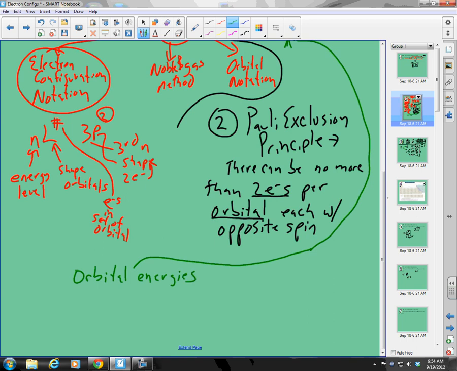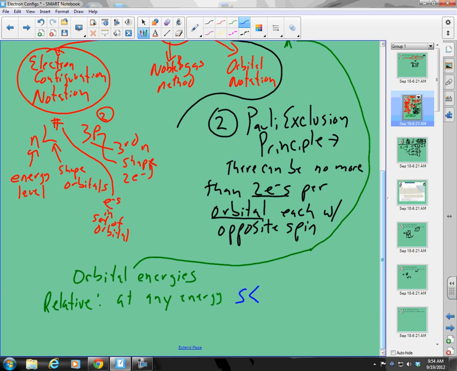Good. And there's really, let's talk about relative energies. At any level, so at any energy level, we have this arrangement for orbital energies.